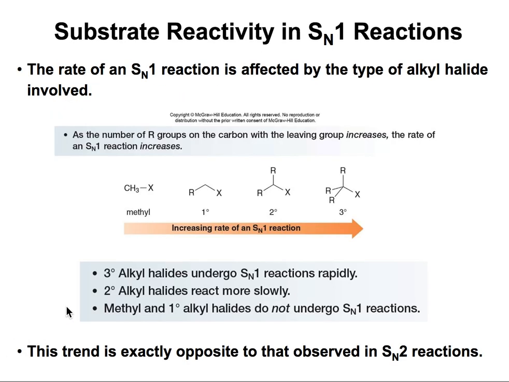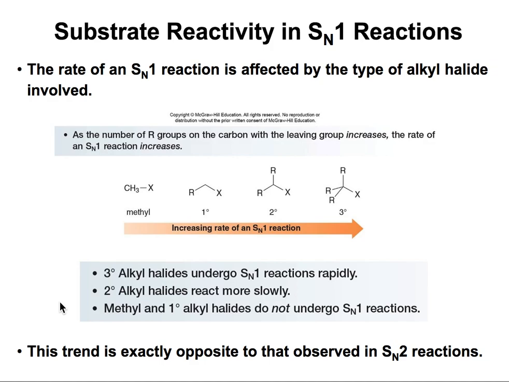In an SN2 reaction, the substrate matters when it comes to deciding if the reaction is going to happen or not. Remember that for SN2 reactions, we were looking at substrates that were not hindered for the nucleophile to be able to go and attack. For SN1 reactions, the trend is actually the opposite. And the reason for that is the stability of the carbocation.